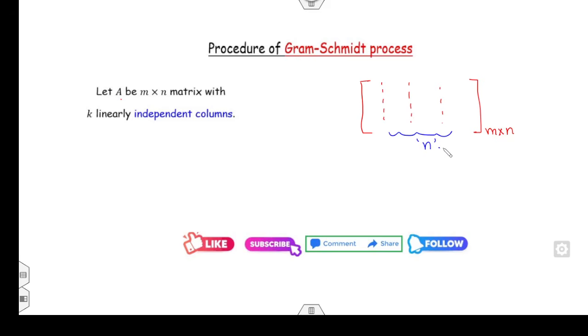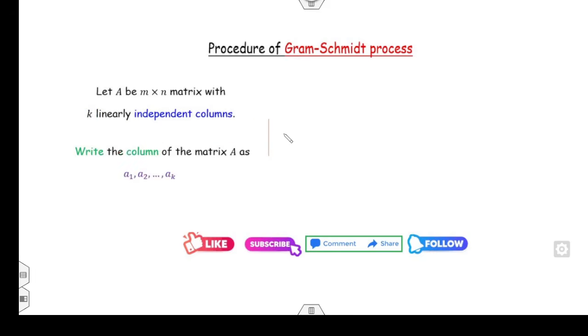Out of these n columns, how many are linearly independent vectors? Assume that they are k. That means a1, a2 up to ak are my linearly independent vectors. So I can write the columns of the matrix A as a1, a2 up to ak.